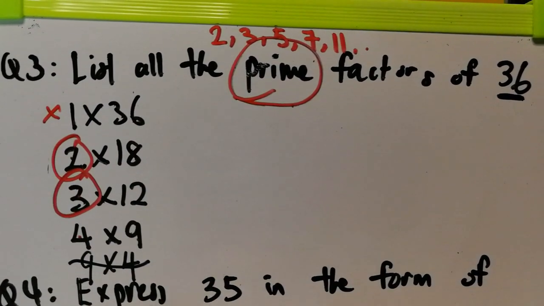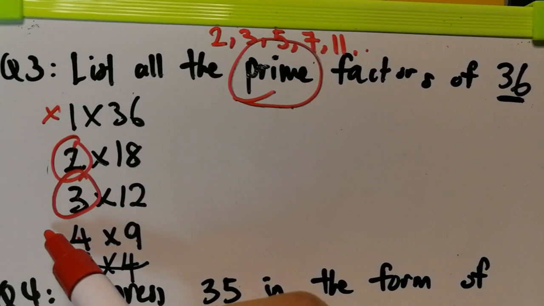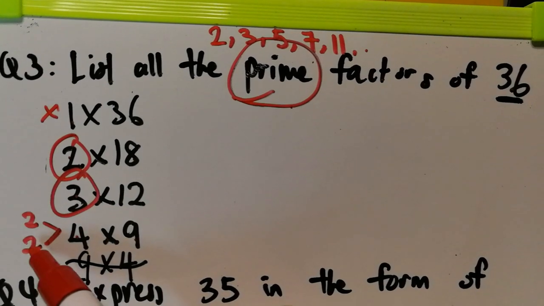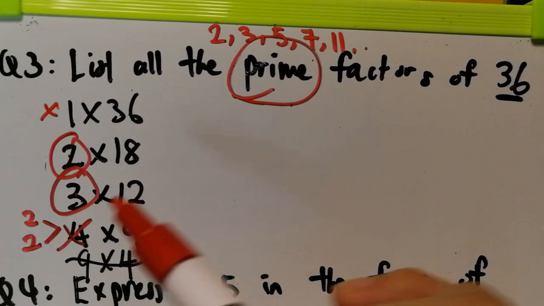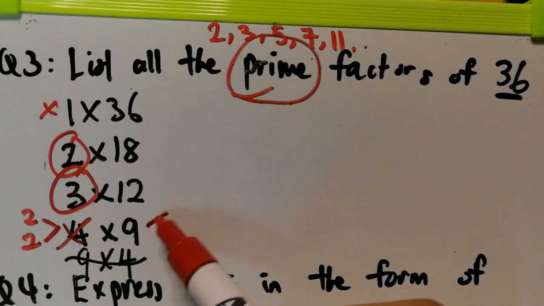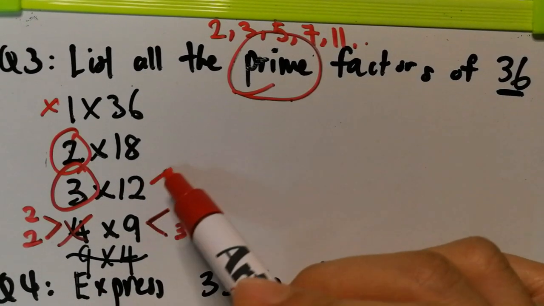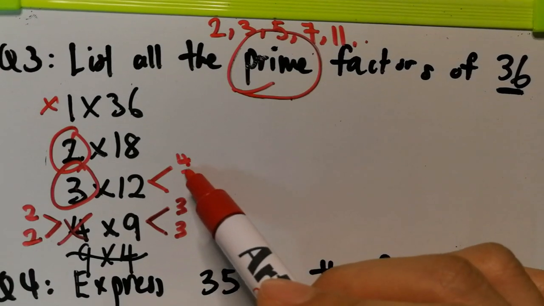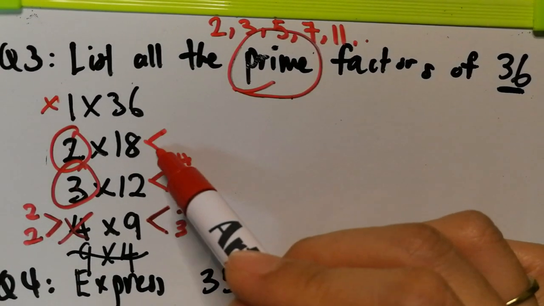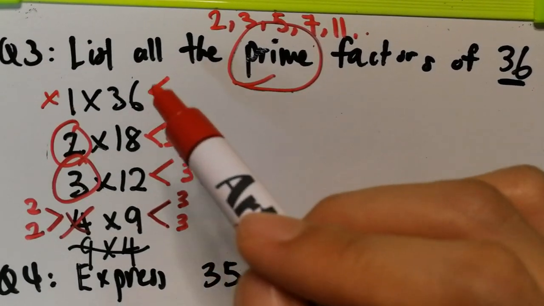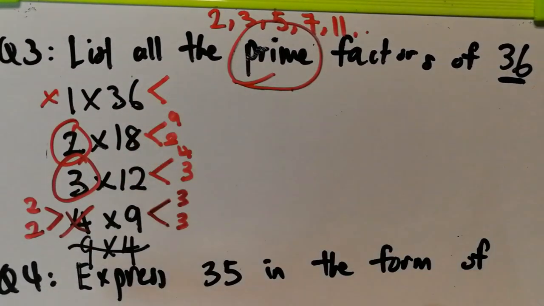Is there anything else? Okay, 4 is not a prime number because 4 can be 2 times 2, isn't it? So 4 is not a prime number. 9, I can multiply 3 and 3. 12, I can multiply 4 and 3. 18 is 2 and 9. And then 36, of course, all these are factors of 36.